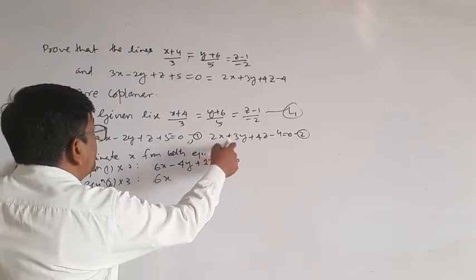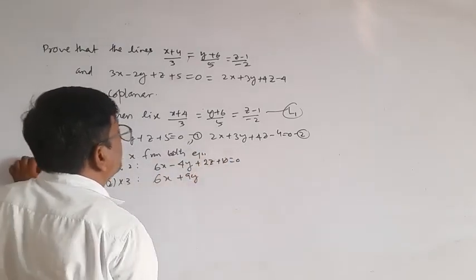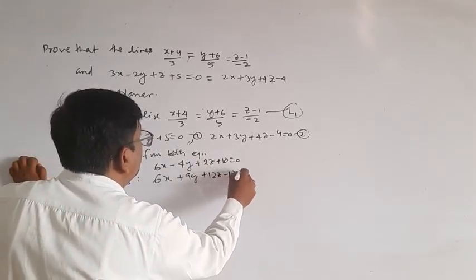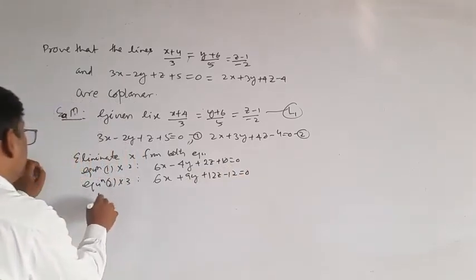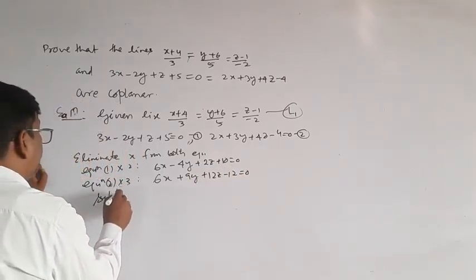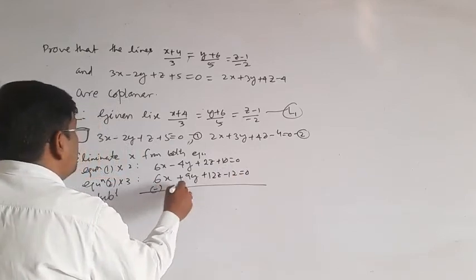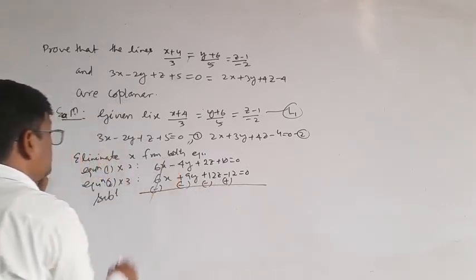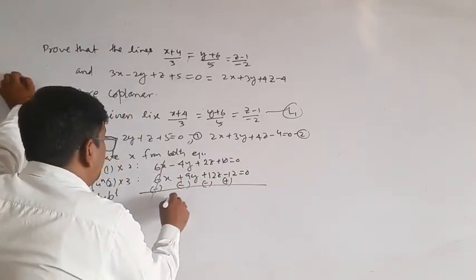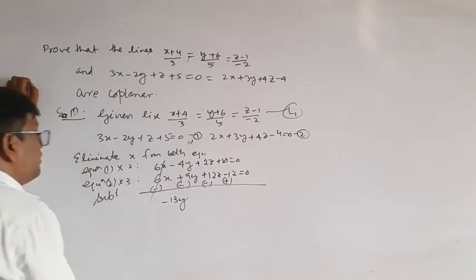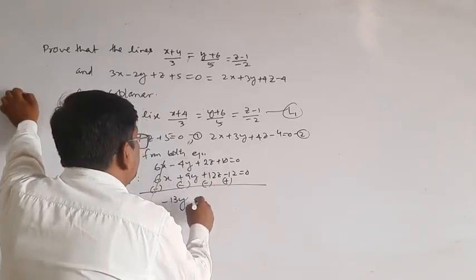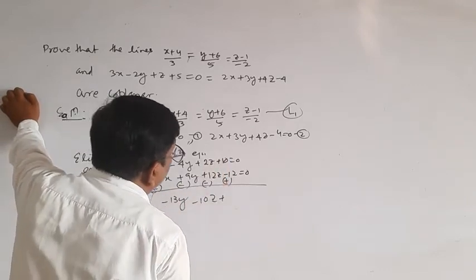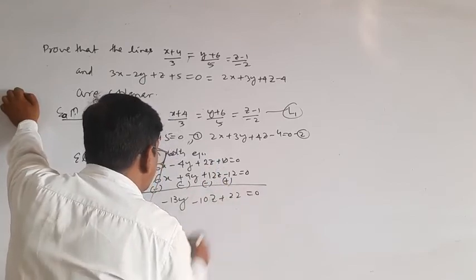6x + 9y + 12z - 12 = 0. And subtract this. So the signs change, and the 6x terms cancel. This is -13y - 10z + 22 = 0.